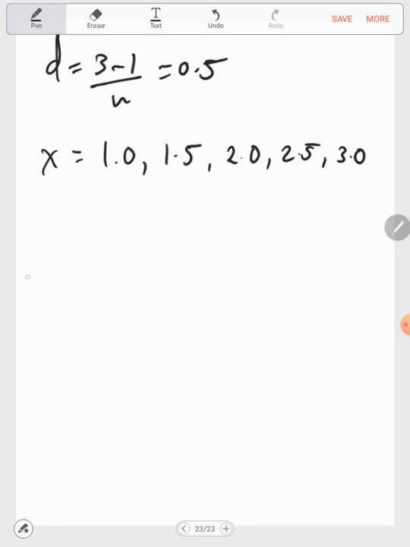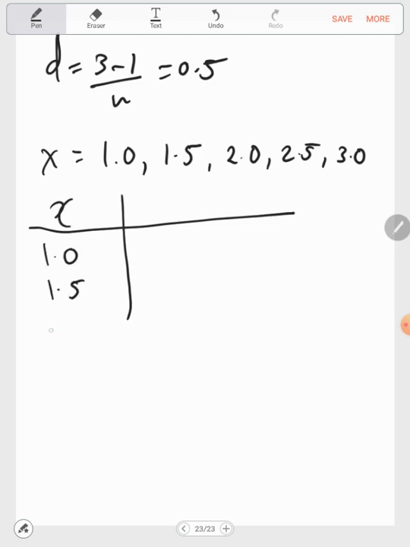Then next we find the y values. So we have x, which is 1.0, 1.5, 2.0, 2.5, 3.0.